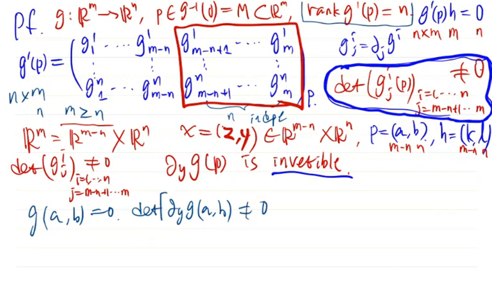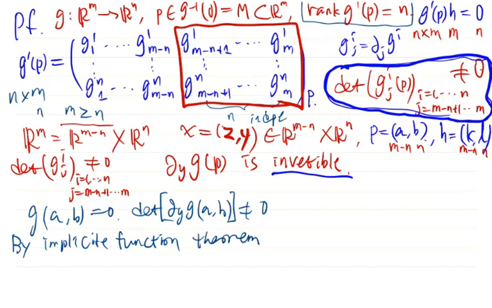Okay, so we can apply the implicit function theorem. By the implicit function theorem, we draw a picture. This is Rm minus n. This is Rn. Altogether is Rm. And our A is here, and our B is here.